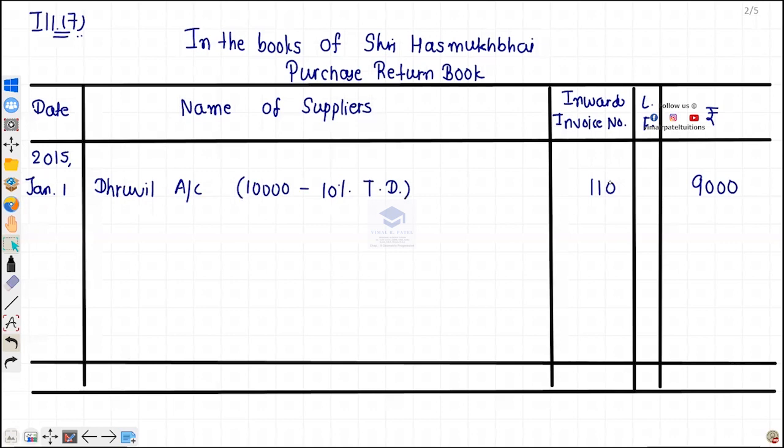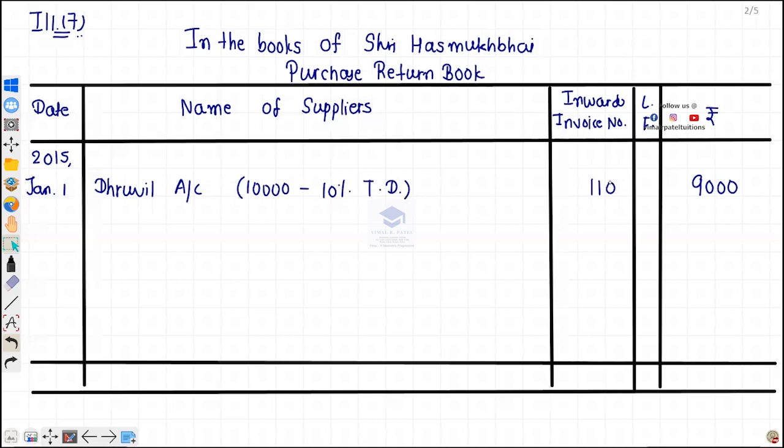Here it is specifically mentioned that the credit period is 2 months, which means we have purchased goods on credit. So we won't consider cash discount. You don't have to subtract cash discount; it is never considered in a credit transaction. The information regarding cash discount is just to create confusion. You have to avoid it.